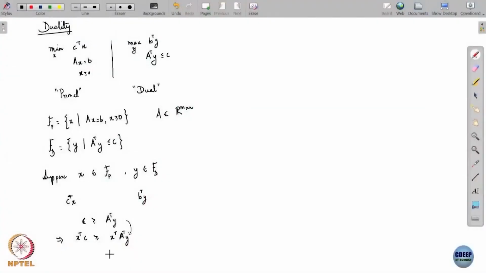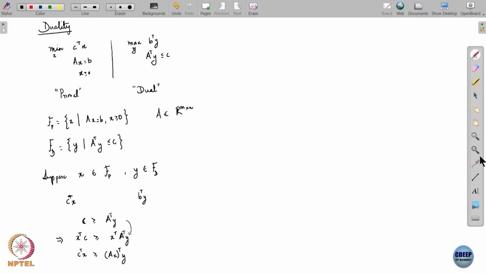But now, look at the right hand side. Right hand side is actually the same as A x the whole transpose y. And let me write the left hand side better. Since it is just an inner product, let me write it as C transpose x. So, I have basically C transpose x greater than or equal to A x the whole transpose y.